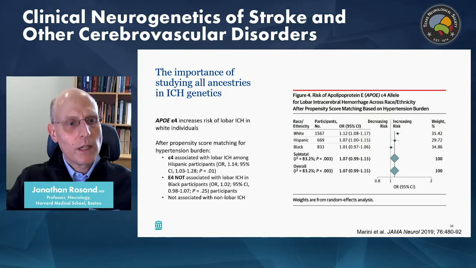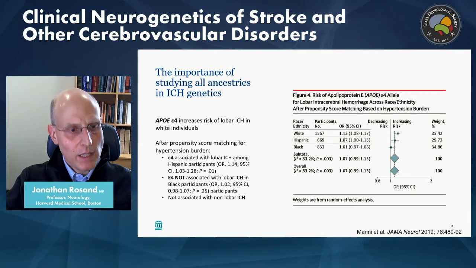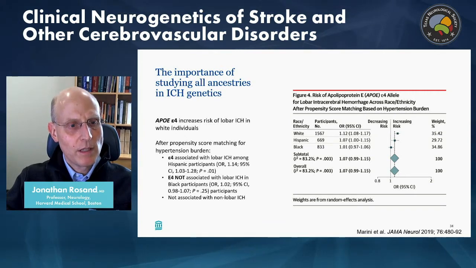But then when we conducted a propensity score matching for hypertension burden, remember hypertension is a very strong risk factor for ICH generally, E4 remained associated with lobar ICH in participants of Hispanic ethnicity, but was not associated with lobar ICH in Black participants, and it was not associated in any participants with non-lobar ICH. So clearly, we have more to learn.